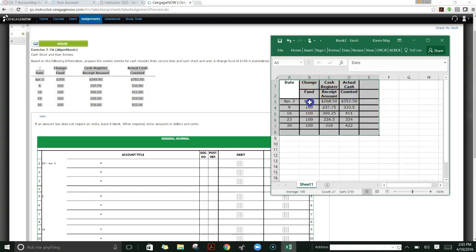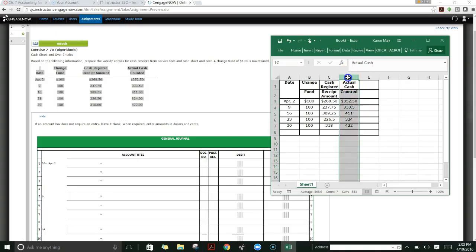Okay, so each day it has a change fund of $100 in it, and here's how much the cash register receipt amount is. So it's what they've collected for the day, and then here's what they have actually counted in the day.